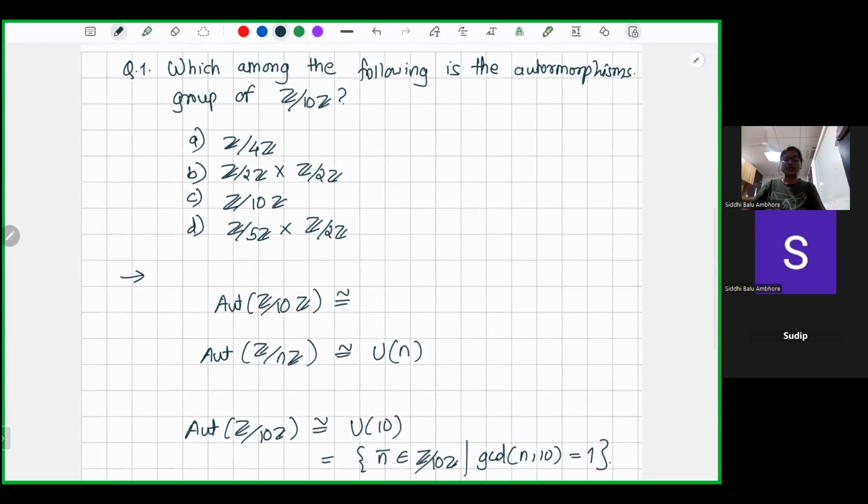Okay, so if it is isomorphic to any of these 4 groups, its cardinality must be equal to that group's cardinality. Here the cardinality of Z10 is 10, so definitely this one will not be isomorphic to the group of automorphisms of Z10.